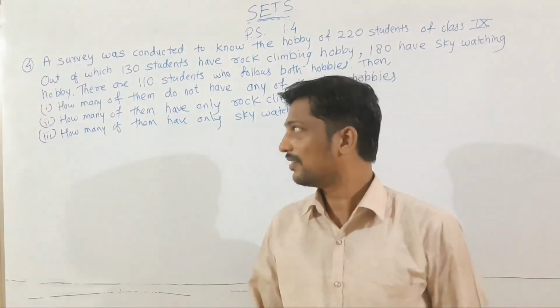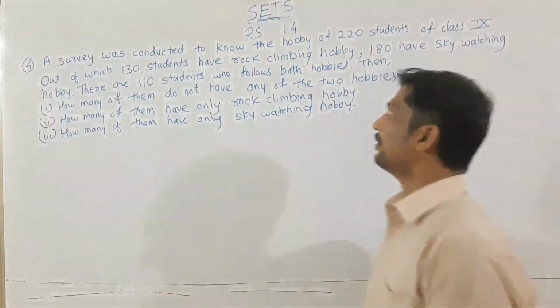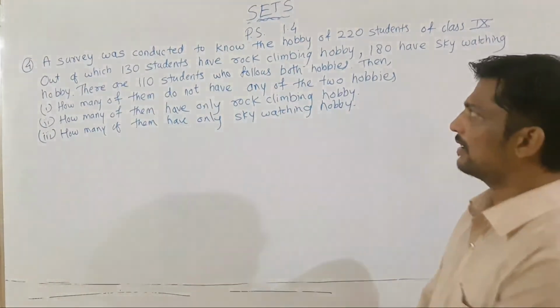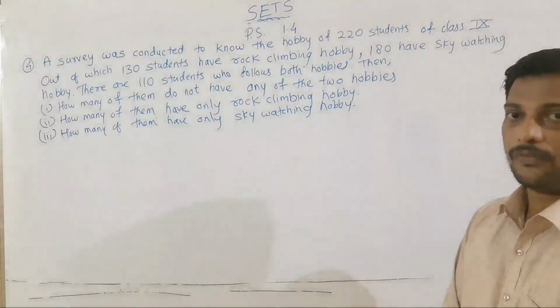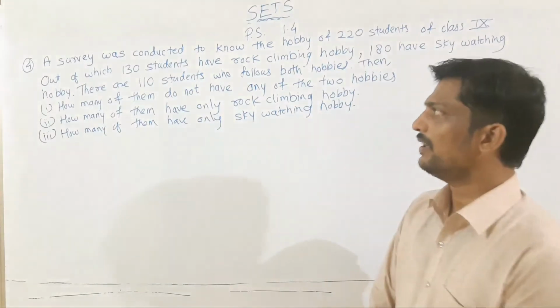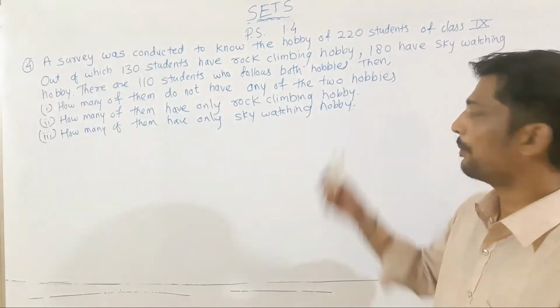Fine, students. Let us see the next example. Question number 4 of practice set 1.4. What they have given me, a survey was conducted to know the hobbies of 220 students of class 9th standard. Now, out of which 130 students said that they have rock climbing hobby.